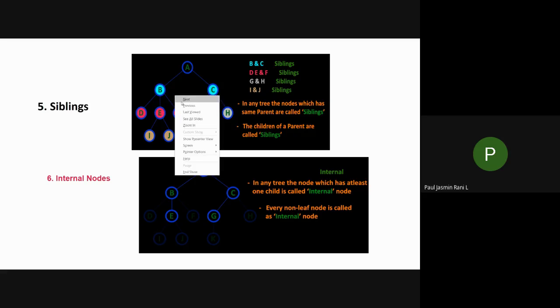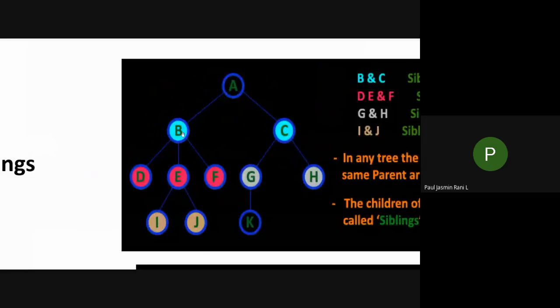Let us consider this example. B and C can be called siblings of your A node. D, E, F, these three nodes are the siblings of B node, and G and H are the siblings of C node, and I and J can be called siblings of E node.